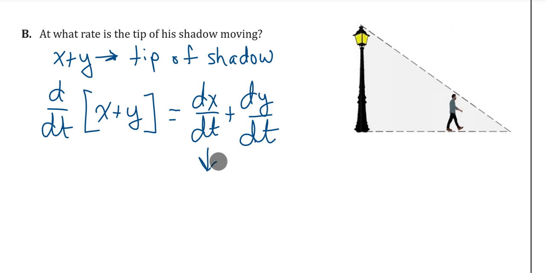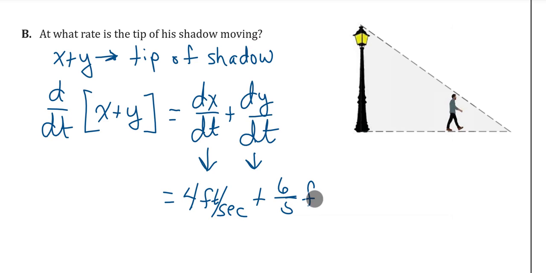Okay, we have these two rates, so this is just a simple addition problem. So dx dt is the rate at which he is walking away from the light. So this is the 4 feet per second. And dy dt we just found is the rate of change of his shadow.